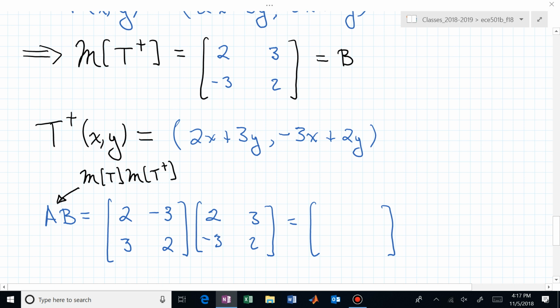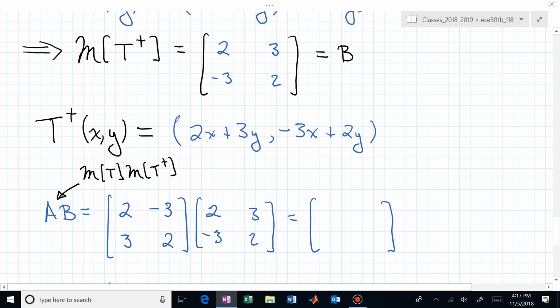So the product of those matrices, the combination of those, forms a new map. So this you could think of as T dagger T in terms of matrix representation. And what does that equal? Now I have 4 plus 9 in the 1, 1 entry of that product, or I have 13. What's in the 2, 2 entry?